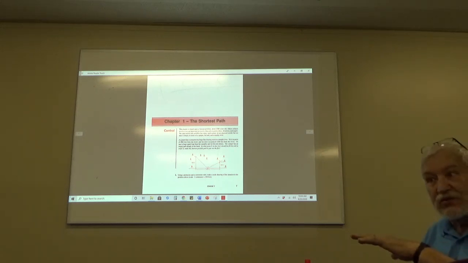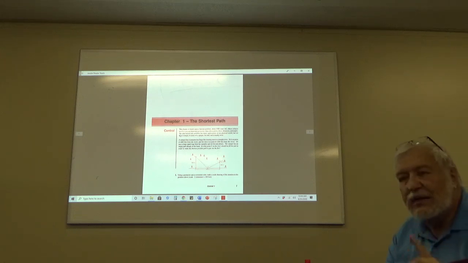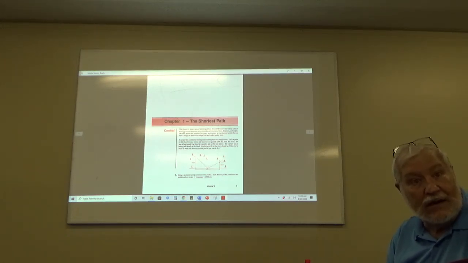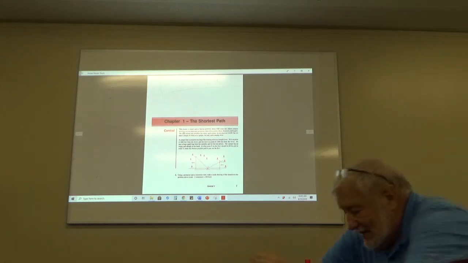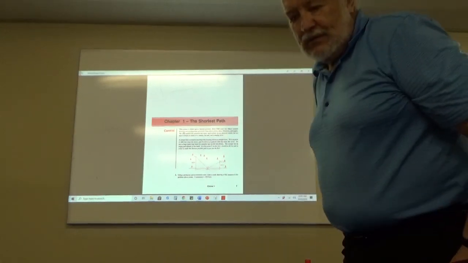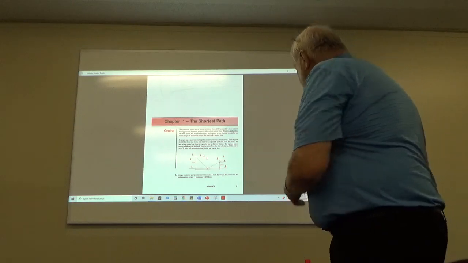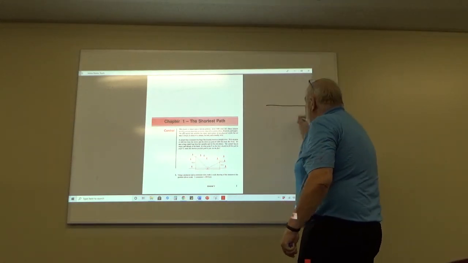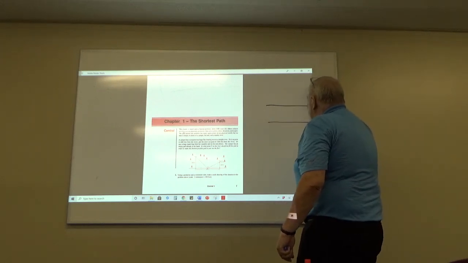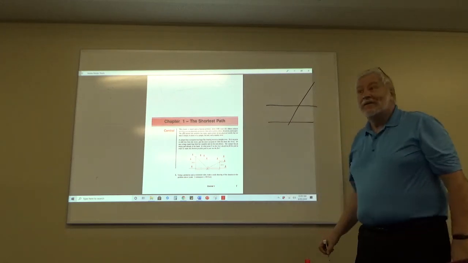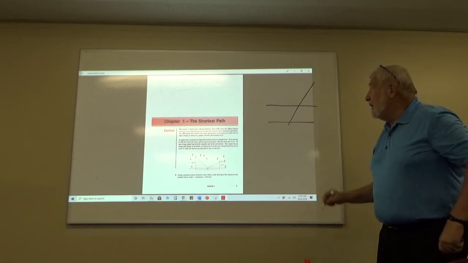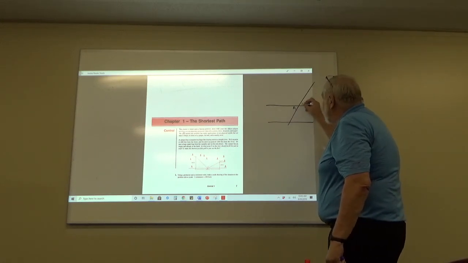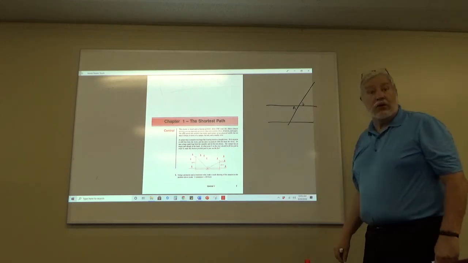Now, that deals with geometry. What's the geometry that you've had in the past? You've had angles, right? Have you had parallel lines cut by a transversal? Remember that? So this point here, A, and this point here, B, are called vertical angles.